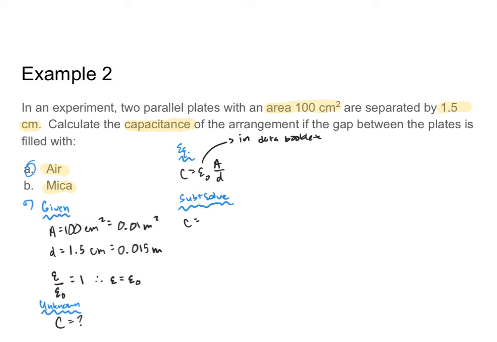And epsilon naught is equal to 8.9 times 10 to the negative 12th.